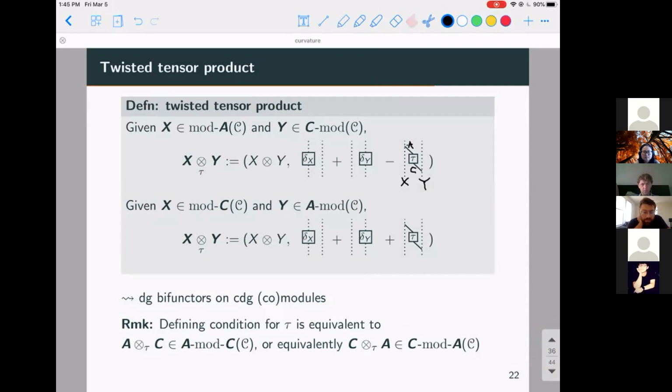So already that says the left action and the right action somehow commute up to isomorphism. Yeah, no condition with tau. It's all encoded in X being a bimodule or Y being a bimodule. Okay.